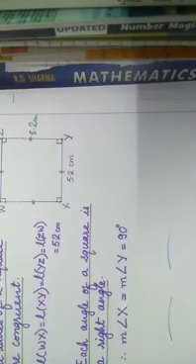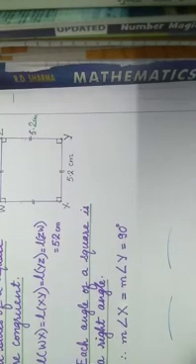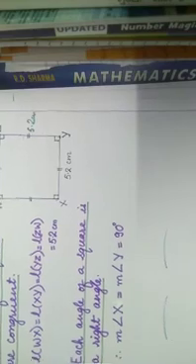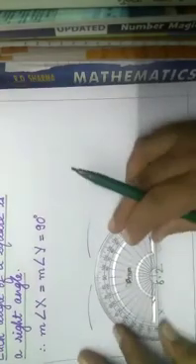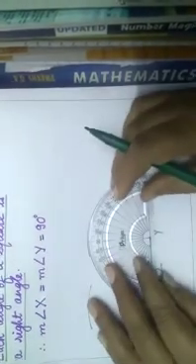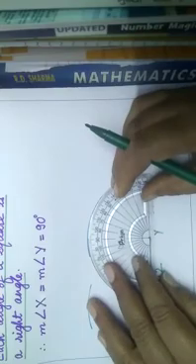In this way you have drawn, and now take a protractor and show 90 degree angle, because each angle of a square is what? It is a 90 degree. It is a right angle. So towards 90 degree you put a dot from X, and from Y also you will put a dot towards 90 degree.